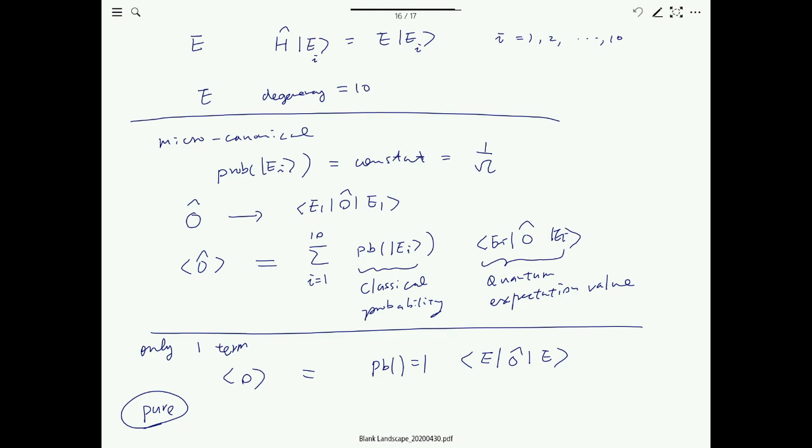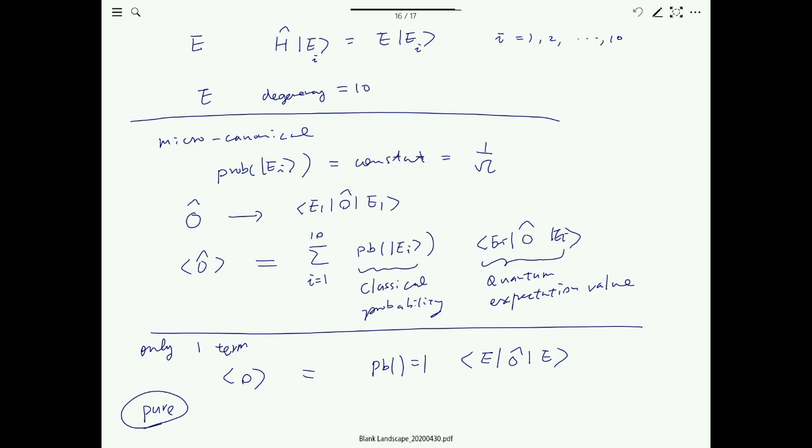Then you have a classical probability that tells you how to pick a specific energy degenerate eigenstate. And once you pick the specific eigenstate, then you have to calculate the quantum expectation value, which conceptually also contains a certain probability concept. But that probability concept has nothing to do with the classical probability part.